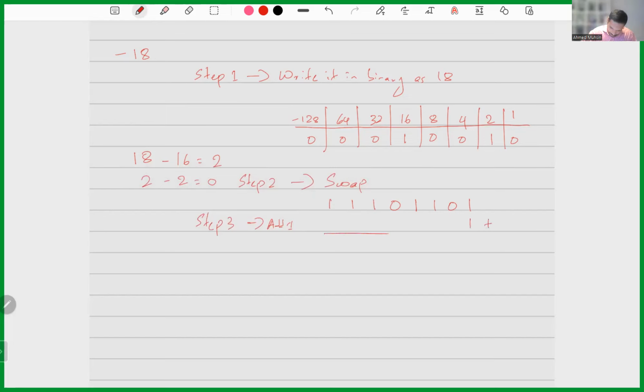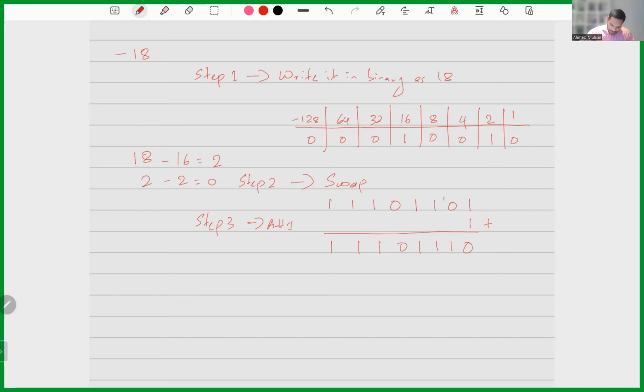So 1 plus 1 is equal to 2. In binary, the decimal number 2 is written as 1, 0. So we put 0 over here, and the 1 is carried forward here. So here we have 1, 1, 1, 0, 1, 1, 1, 0.